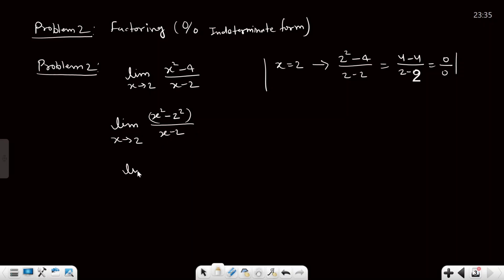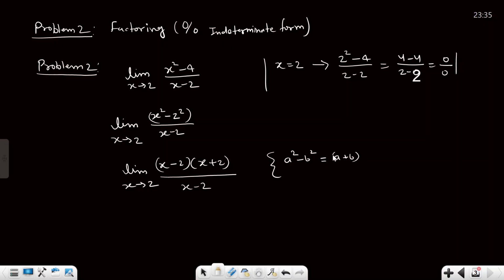So it can be written as the limit as x approaches 2, and if we factorize this, then we will get x minus 2 in one bracket and x plus 2 in another bracket over x minus 2. What we have done here is use the formula a squared minus b squared, that is a plus b in a bracket and a minus b in another bracket.